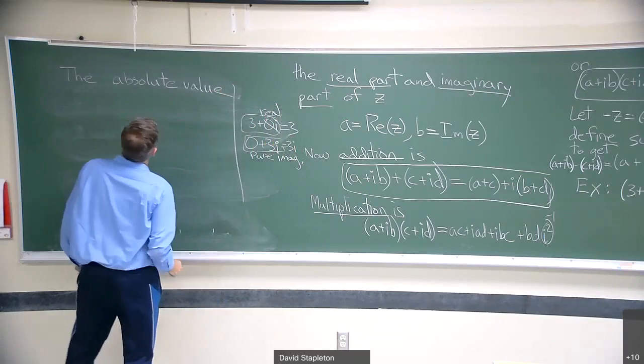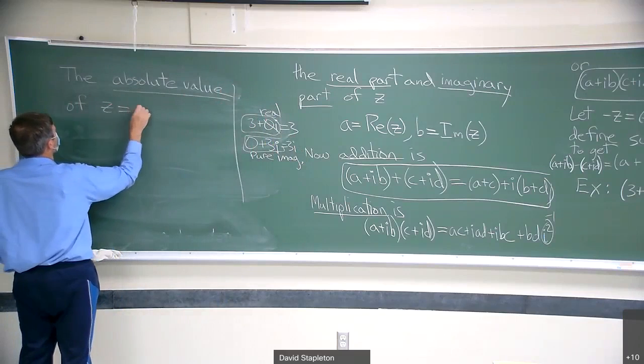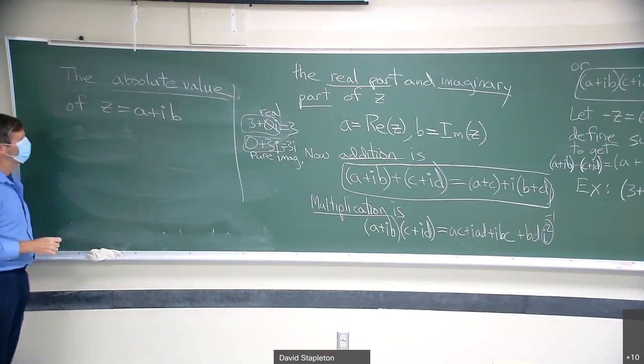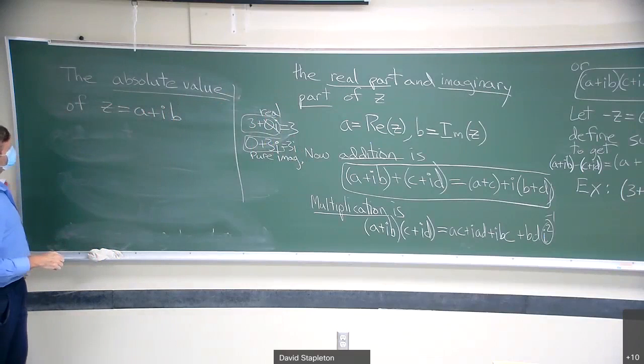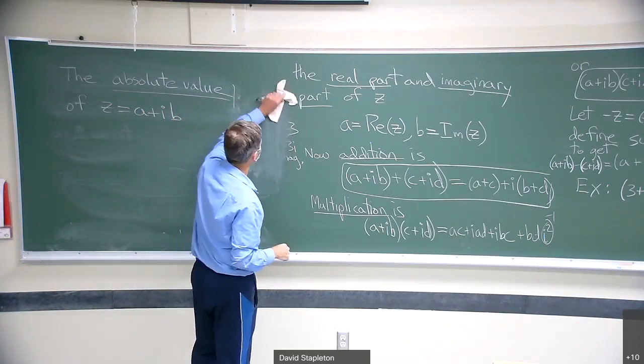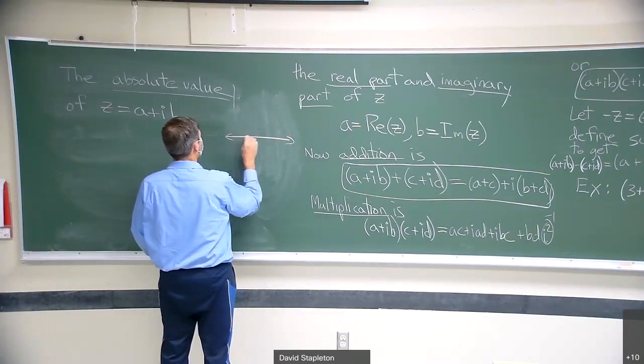Just as a side note, the absolute value now of a complex number z equals a plus ib. How shall I do that? This has a really interesting motivation. It's an analogy to the real numbers. How do you define the absolute value of a real number? Think about it. You think of the real number line.